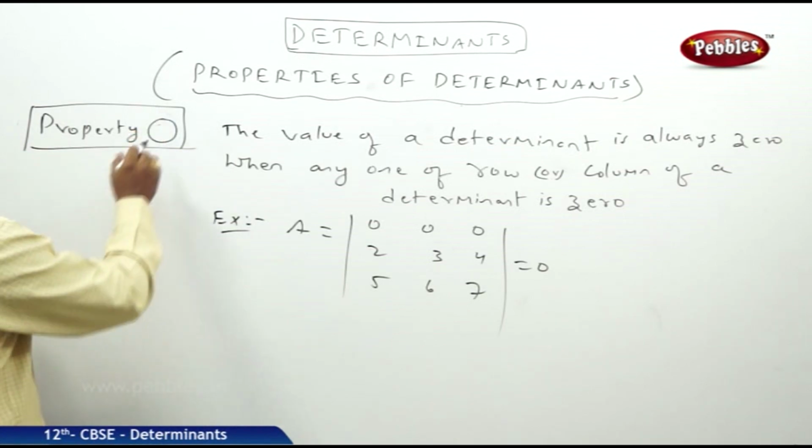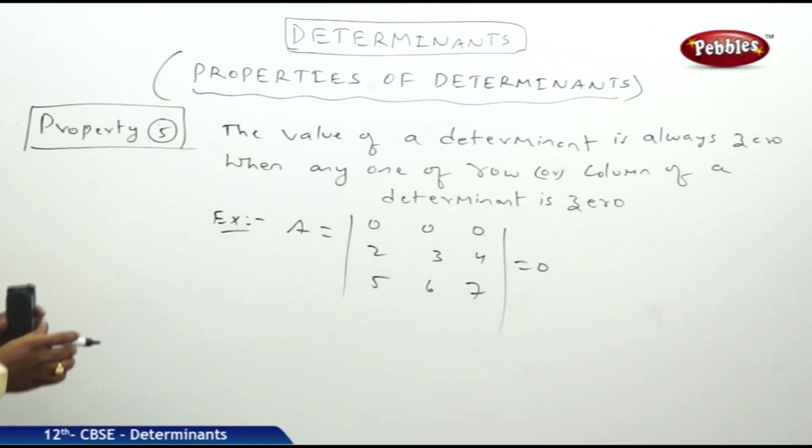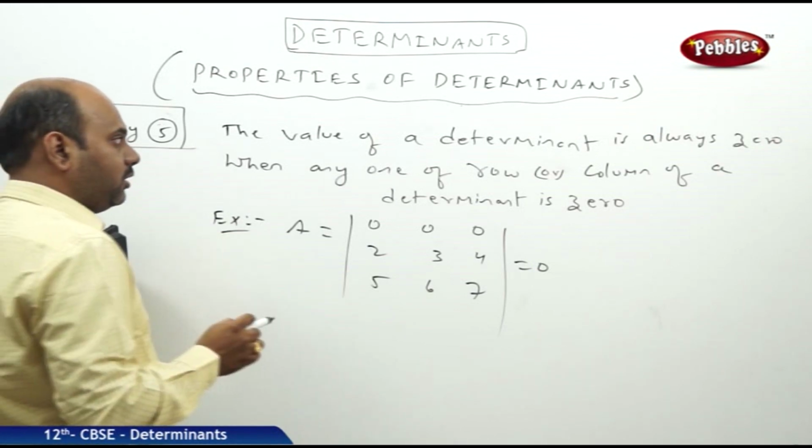Now I will be going for property 5. See here, a small change will be there.